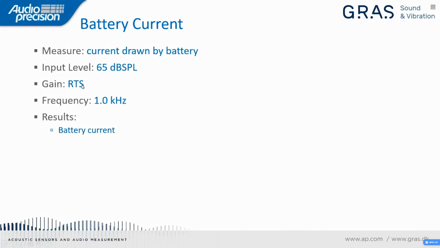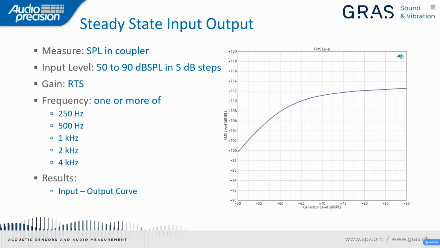This measurement is called steady state input-output, and for those of us involved in more conventional audio tests, we would call it a stepped level sweep. This involves setting the hearing aid to a gain of reference test setting. We generate a sine signal at one or more of these frequencies, one at a time: 250, 500, 1 kilohertz, 2 kilohertz, or 4 kilohertz.